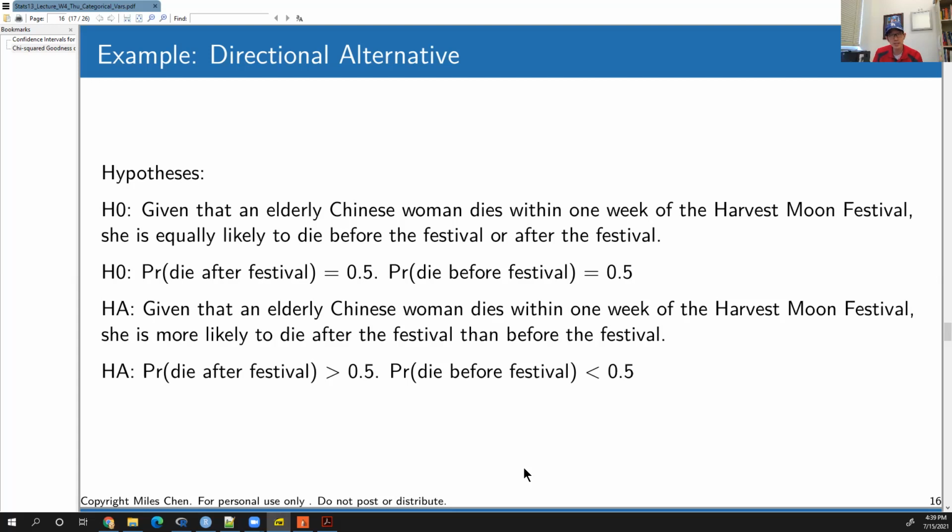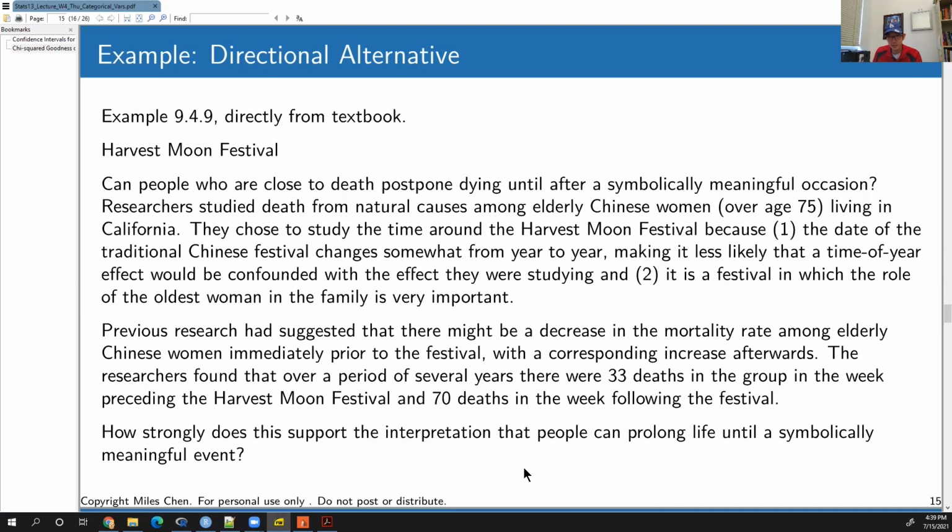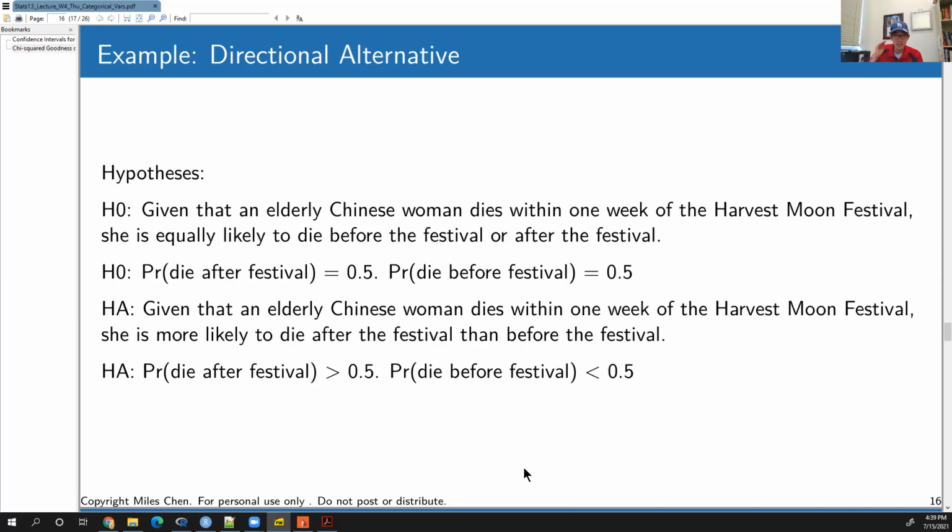Given that an elderly Chinese woman dies within 1 week of the Harvest Moon Festival, if people can't prolong their life, we would say she's equally likely to die before the festival or after the festival, right? So basically, we're looking at a 2-week span: 1 week before the festival and 1 week after. If we look at all the people who die within this 2-week span, we would expect about half of them to be during week 1 and half during week 2, right? That should just be the case.